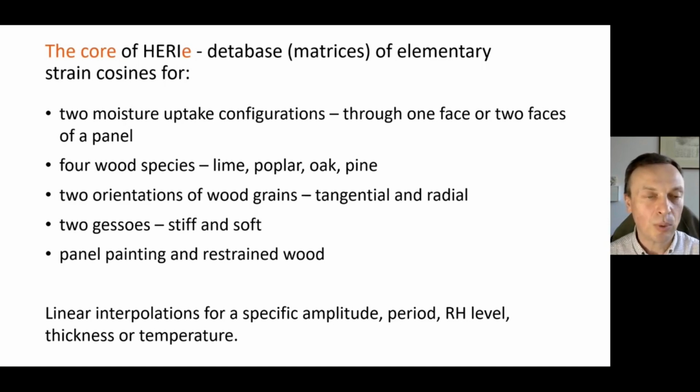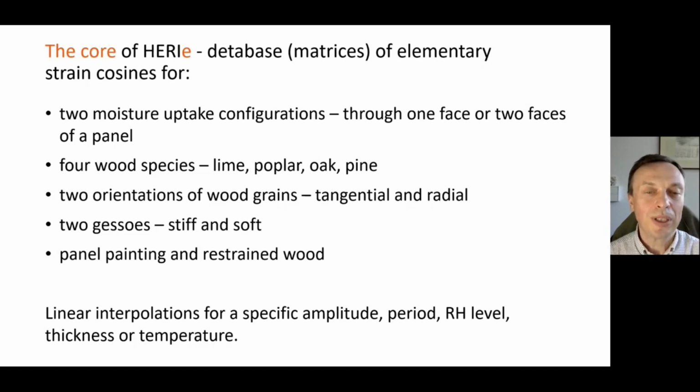We calculated it for four wood species: lime wood, which is typical for Central Europe; poplar, typical for Italy; oak for Western Europe; and pine, typical for Scandinavia. Two orientations of the wood grains were considered, tangential and radial. We consider also two gessos, one stiff and one soft. And of course, as already mentioned, we calculated it for the panel painting and for the restrained wood.